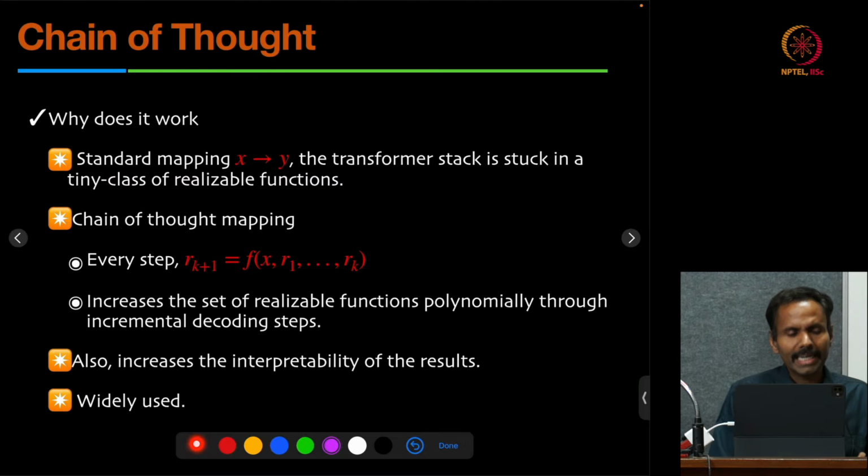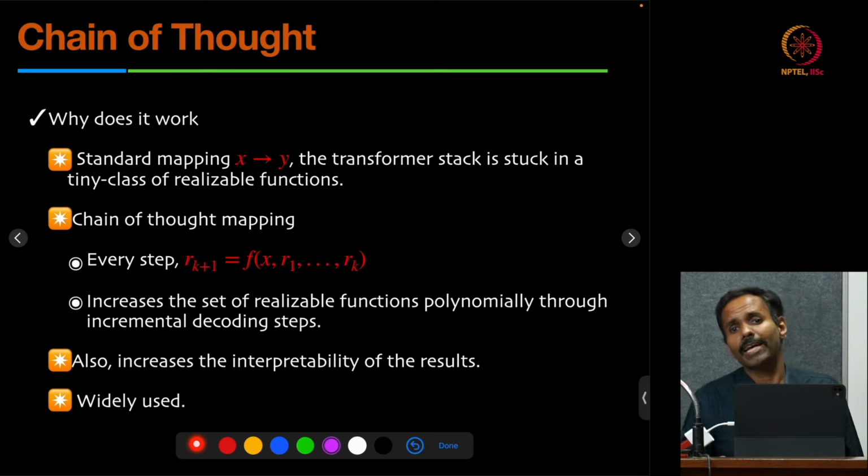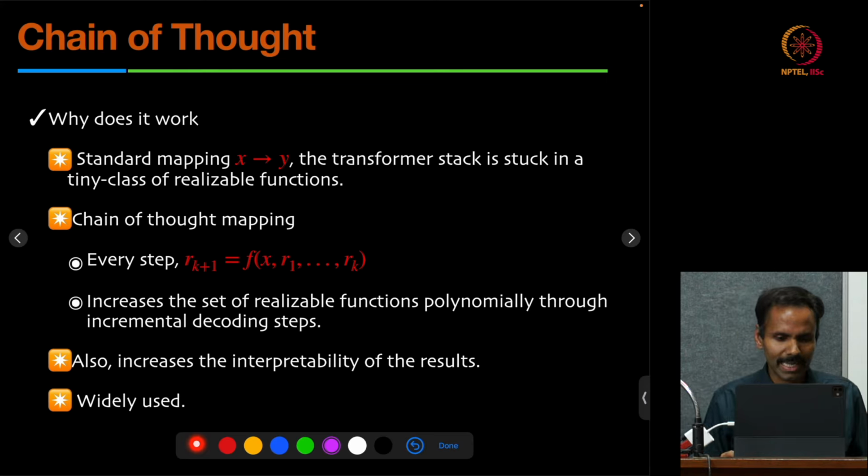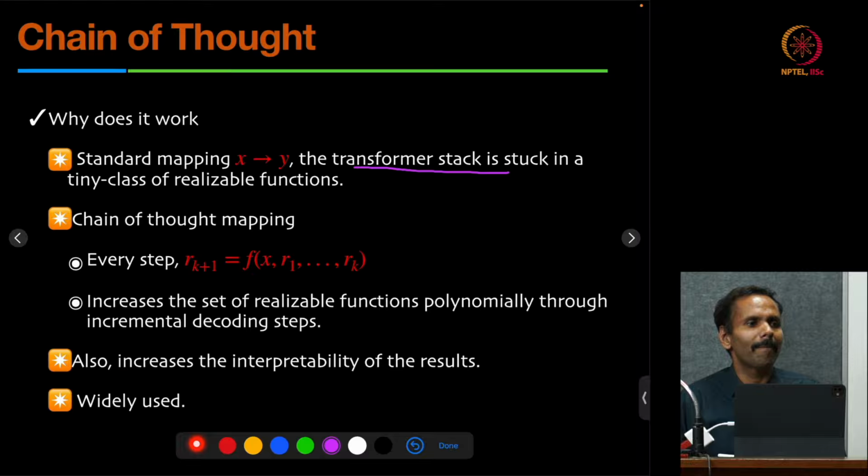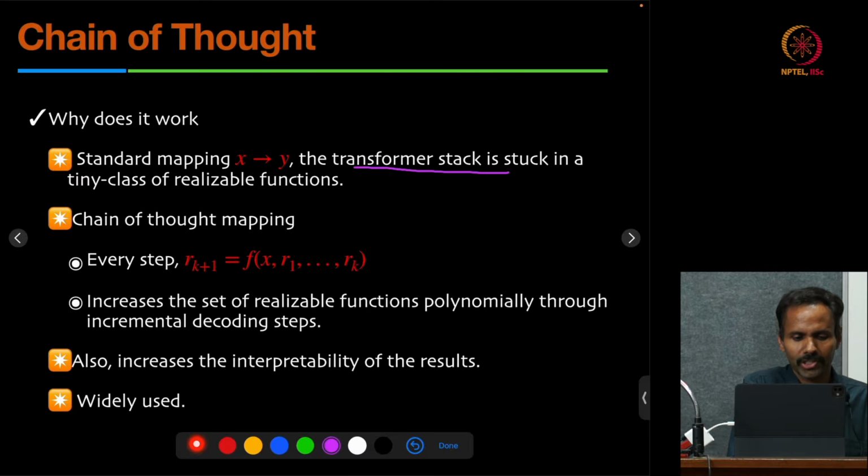So in a mathematical setting, of course, these papers also go into more depth of proving some of these things. I'm not going to get into that level of detail, but what I will say is, in a setting where you want to map from x to y, a direct response generation may have the model stuck in a tiny class of realizable functions.